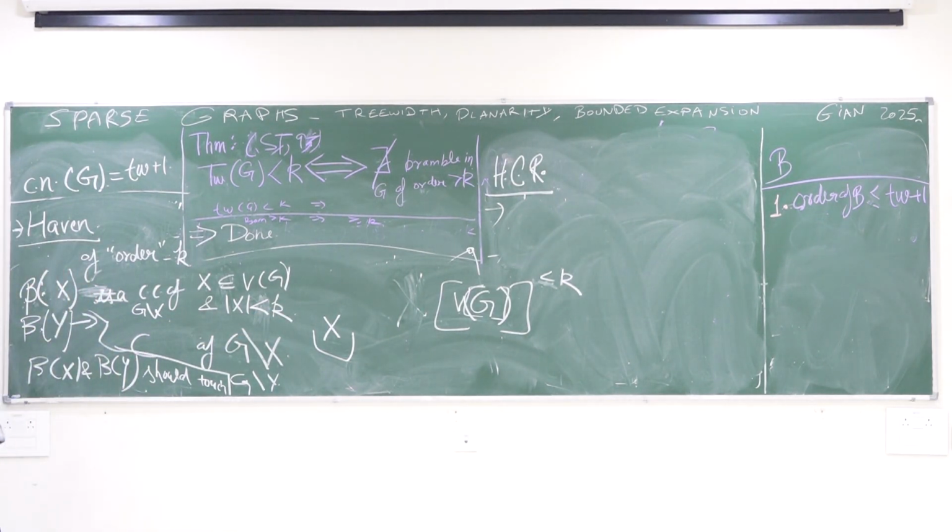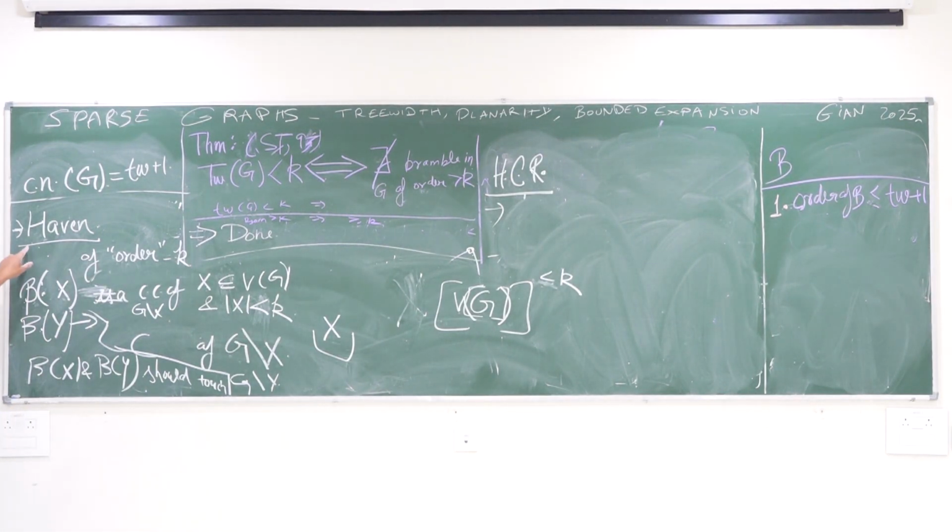This is very close to brambles, in the sense that you have a haven of order k if and only if you have a bramble of order k, which I will show now, how to go between each other.